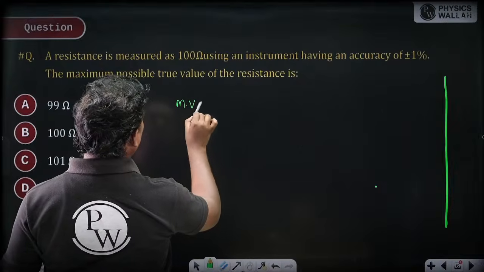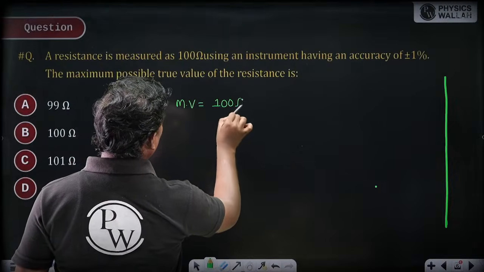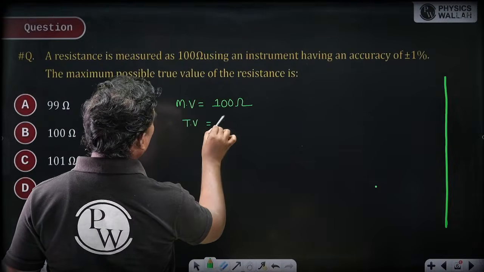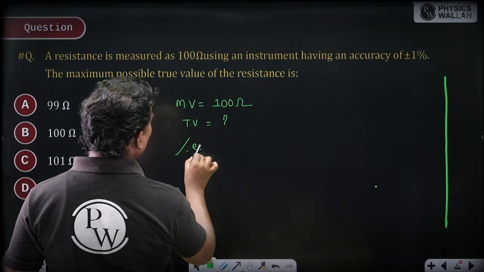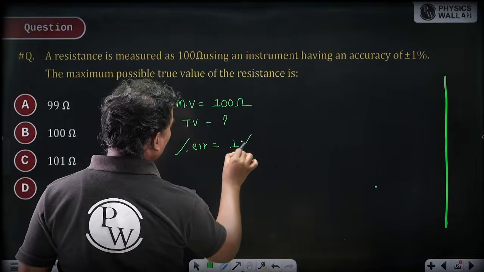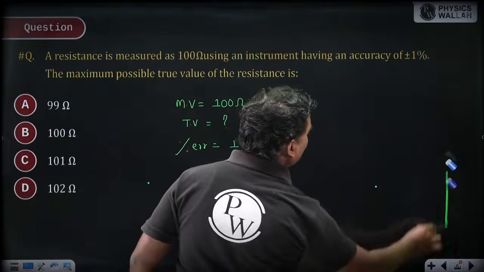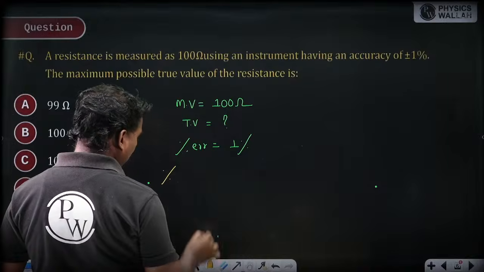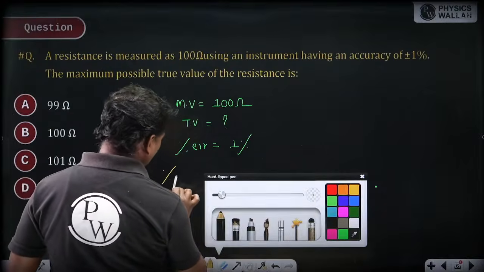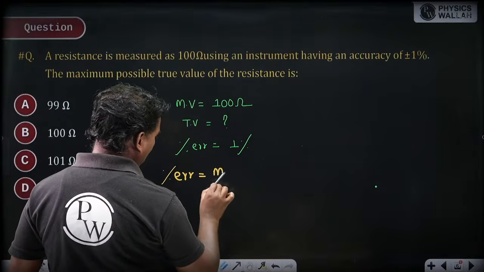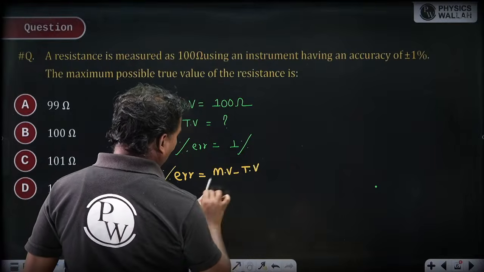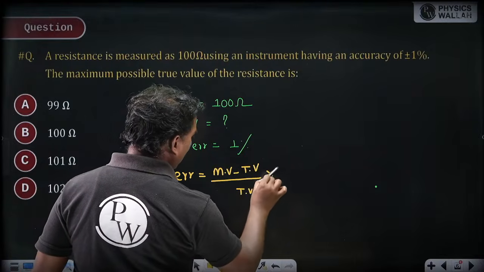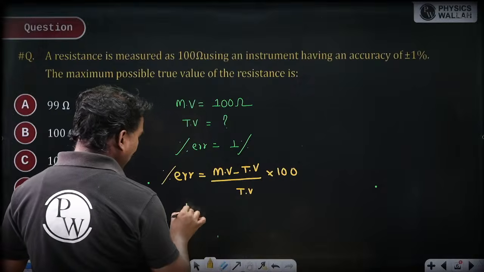The measurement value is given as 100 ohms. True value we don't know. The percentage of error is given as 1%. So what is the formula for percentage of error? So percentage of error can be taken as measurement value minus true value by true value into 100. So that is given as 1.